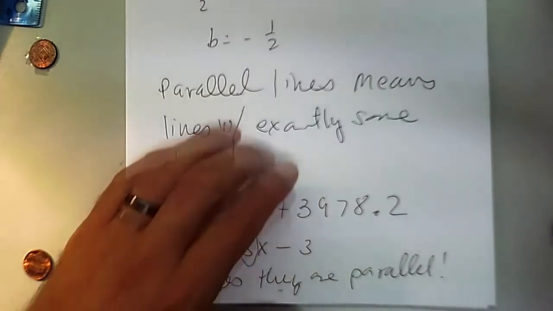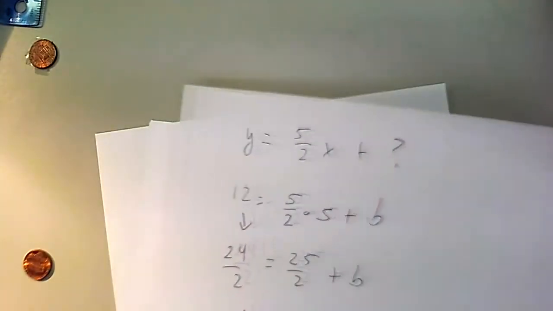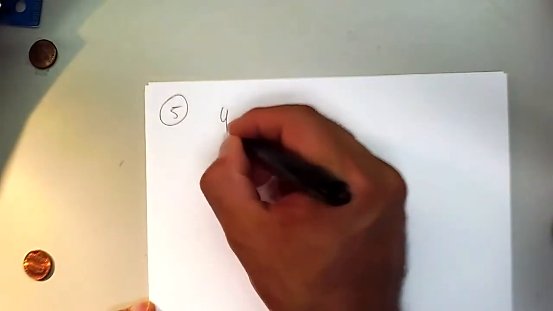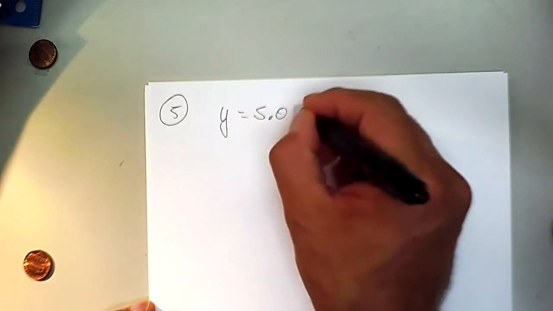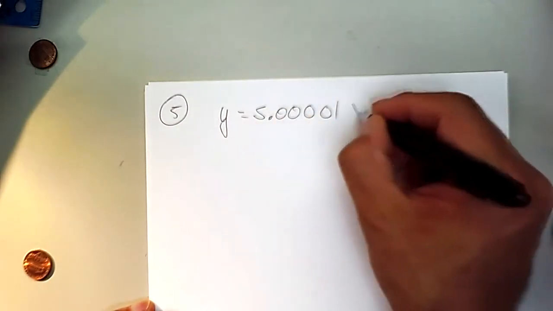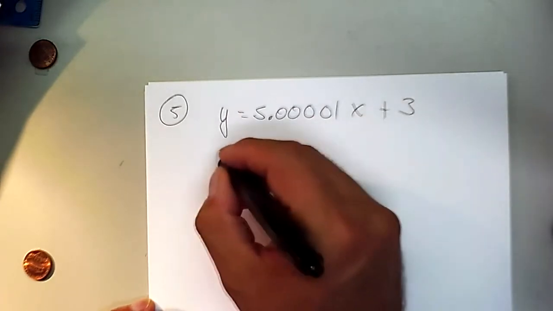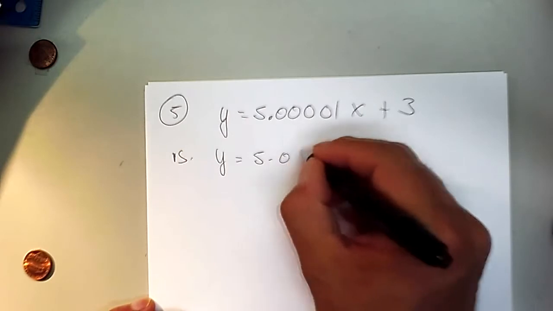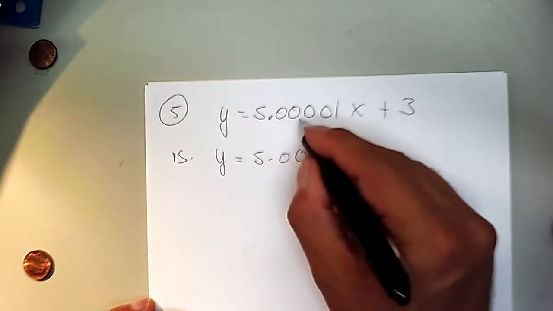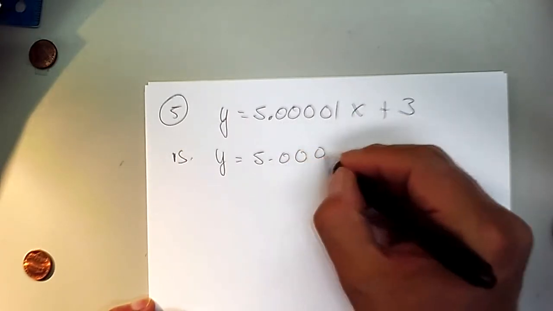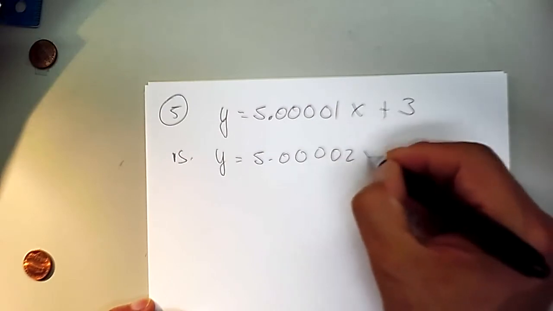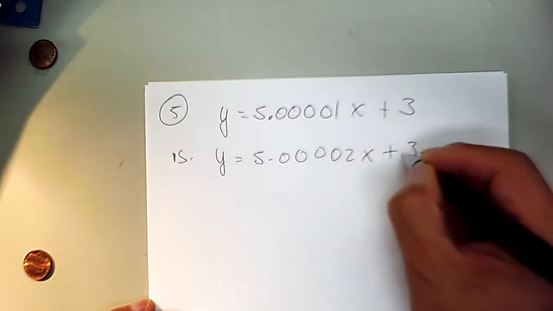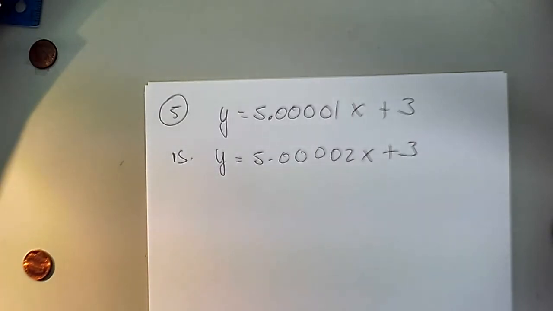So if one is off a little bit, for example, if one is 5.00001x plus 3 versus 5.0001234x plus 3, are those two lines parallel?